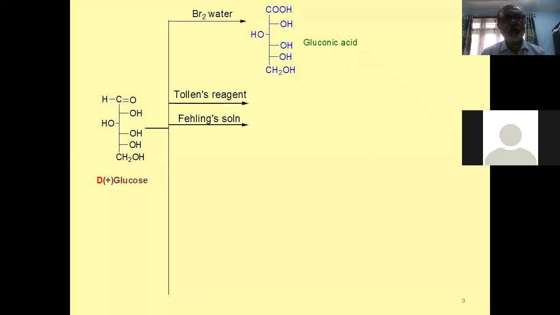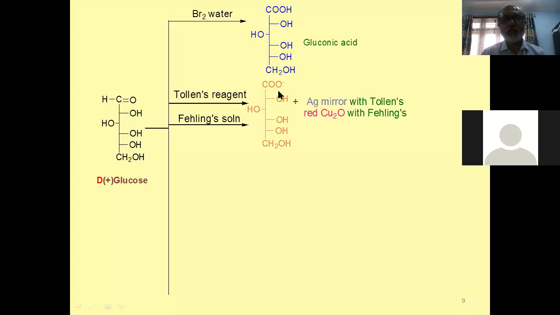So that is also going to oxidize glucose to give you the gluconate, not gluconic acid, rather gluconate, because both Tollens and Fehling solution are in basic medium. So base will take away this proton from the acid. And when it is Tollens reagent, we get silver mirror. And when we do it with Fehling solution, we get red cuprous oxide. You know that, so I'm not spending time on this.